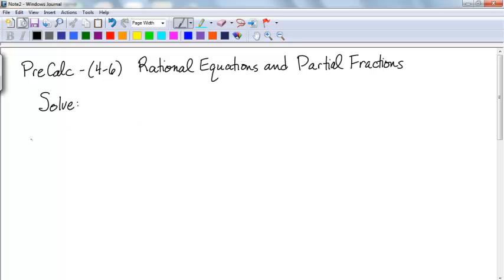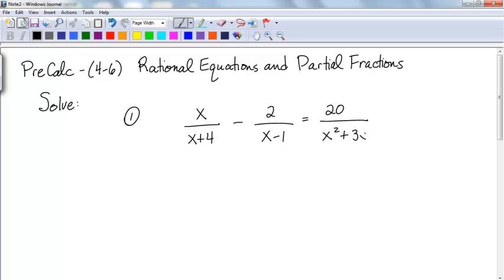Okay? Leave a little bit of space over here on the left. And say I give you the equation x divided by x plus 4, minus 2 divided by x minus 1 equals 20 divided by x squared plus 3x minus 4.